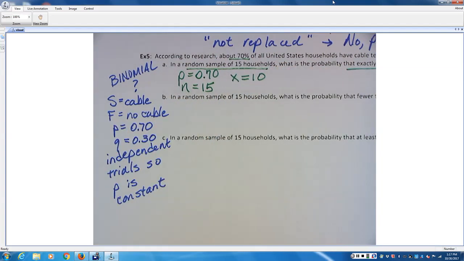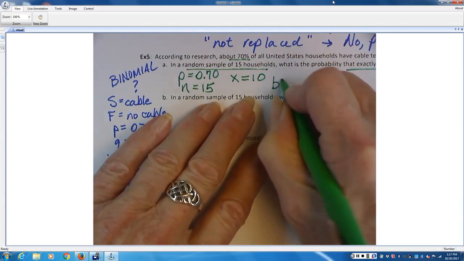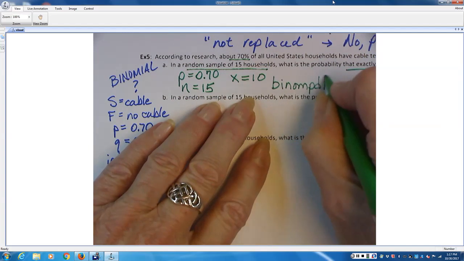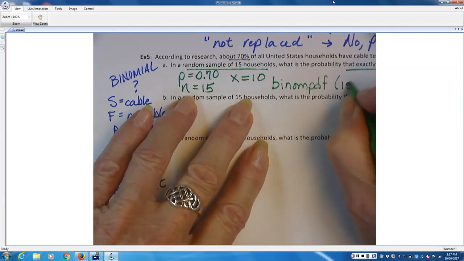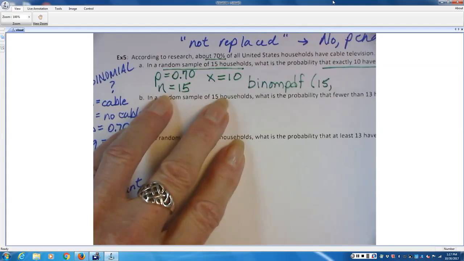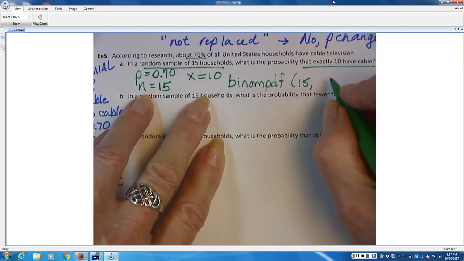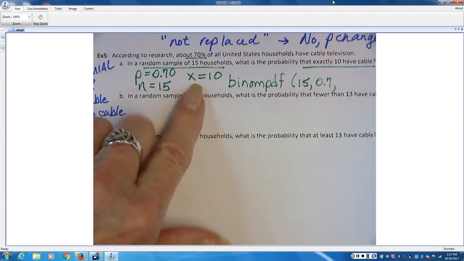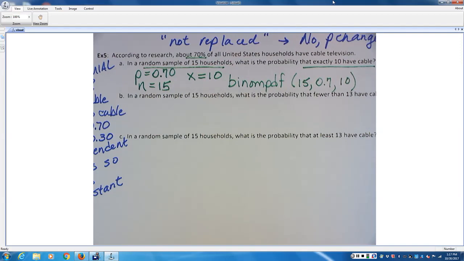X equals 10. So we find this one by going to binomialcdf and putting in the value of N, which is 15, the value of P, which is 0.7, the value of X, which is 10, and we calculate.